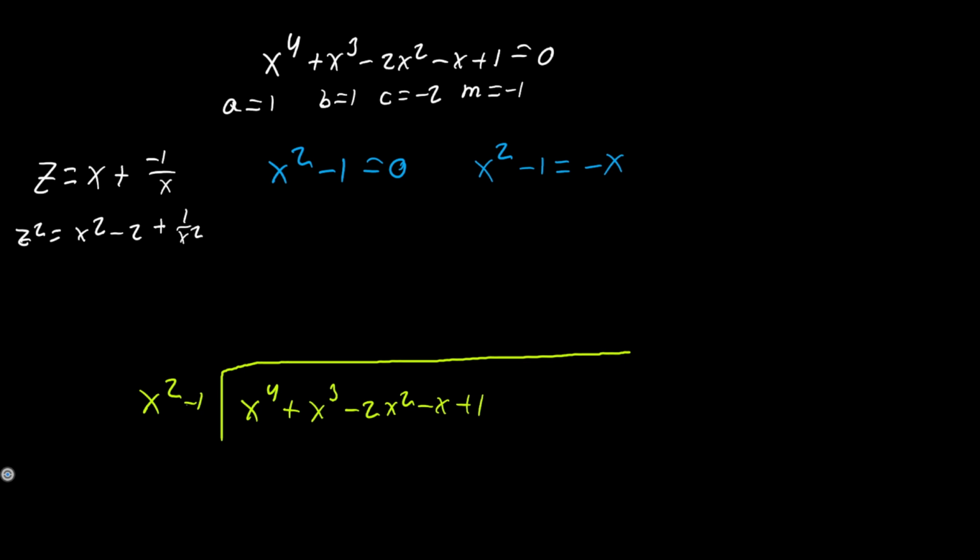So we're going to have to multiply by x squared. So we get x to the power of 4 minus x squared. So we have plus 0 minus x squared. And this will give us 0 x cubed minus x squared minus x plus 1.